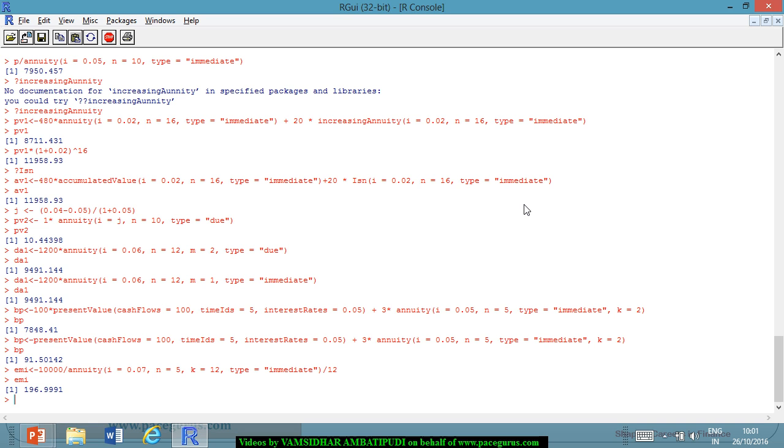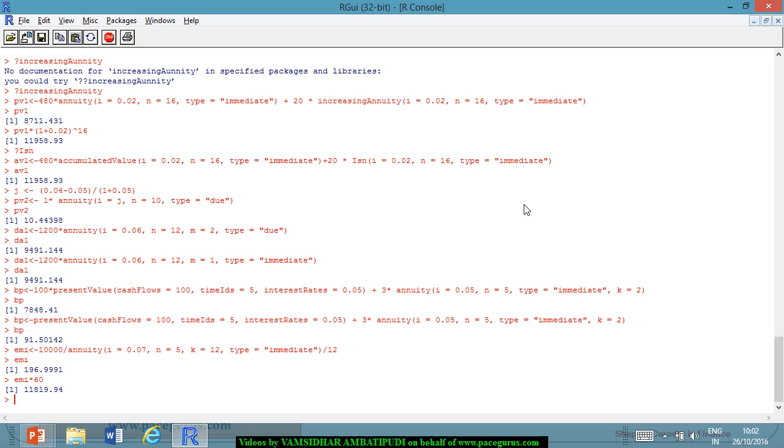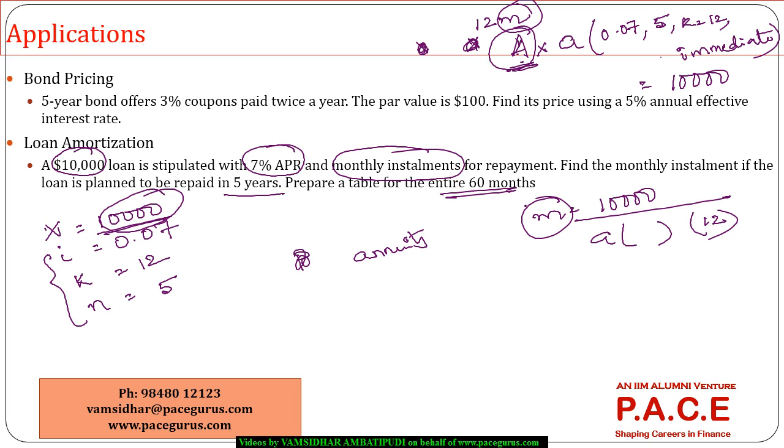If you are looking at how much you are paying, I'll multiply the EMI with 60 because every month you are paying almost 197. So overall for that 10,000 loan that you have taken, you would be paying 11,819 bucks.